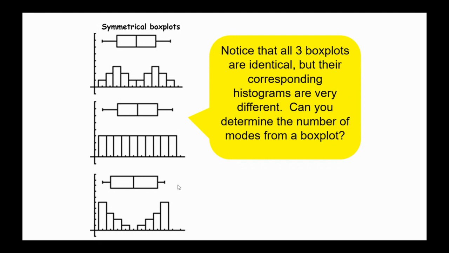There's only one instance where you could, and that would be if quartile 1, 2, and 3 are all the same number, because then that means half the data would have to be that number. But if low and high are also that number, then it'd be a uniform distribution. There wouldn't be a mode. So in general, no, you can't. It doesn't really tell us much.